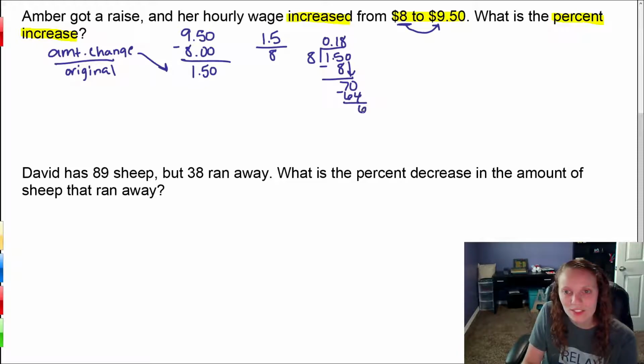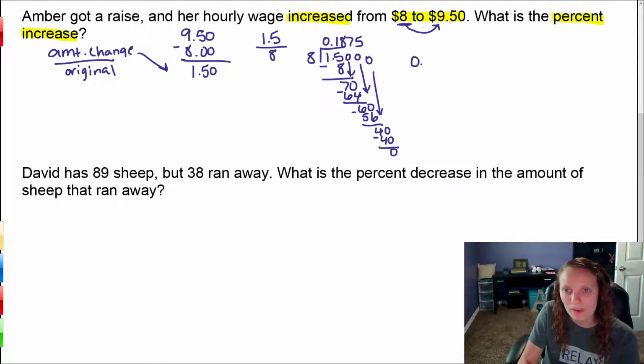And then we'll have 6 left over, add a 0, bring it down. 8 goes into 67 times. 8 times 7 is 56. 4 left over, add a 0, bring it down. 8 goes into 45 times. 8 times 5 is 40, and we are done.